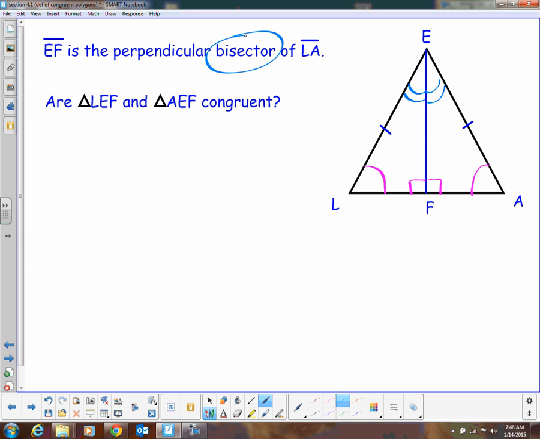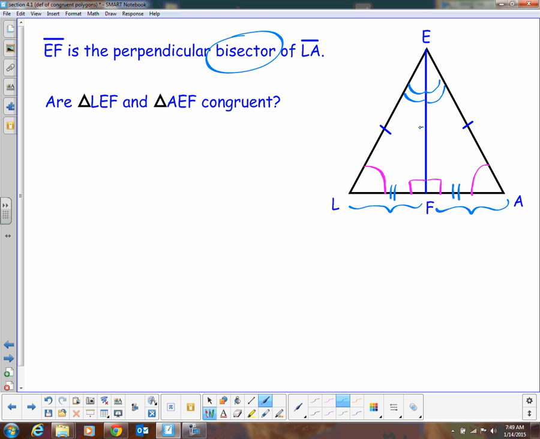What do we know about bisector? What does that perpendicular bisector do to LA? It bisects it. Is EF a side of this left triangle? Jennifer? Is EF a side of the left triangle? Okay. Is EF a side of the right triangle?